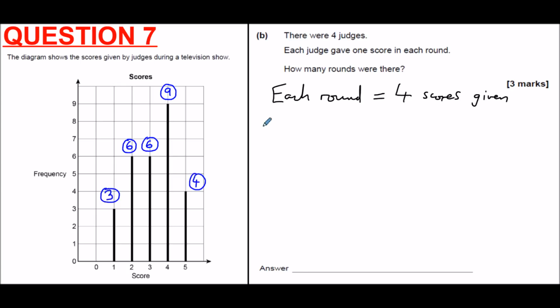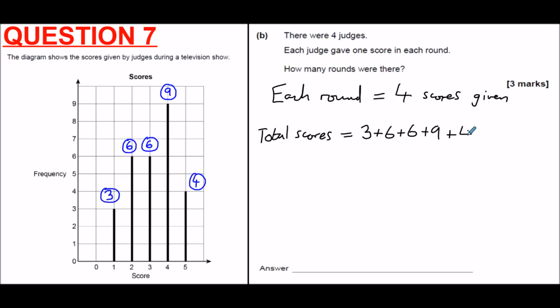So what we need to do now is to think about the total number of scores, which is 3 plus 6 plus 6 plus 9 plus 4.